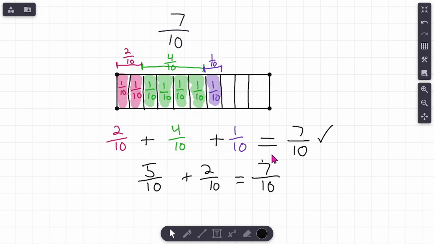Okay, a proper fraction is all part of the same whole. 7/10 is part of one whole. 2/10 is part of that same whole. 4/10 the same whole. 1/10 the same whole. When we add all those fractions up, we decompose this answer into multiple fractions. And notice, you can do it in several different ways.